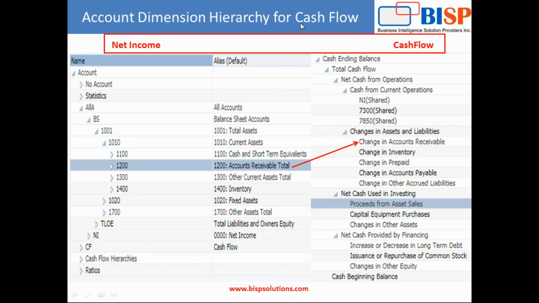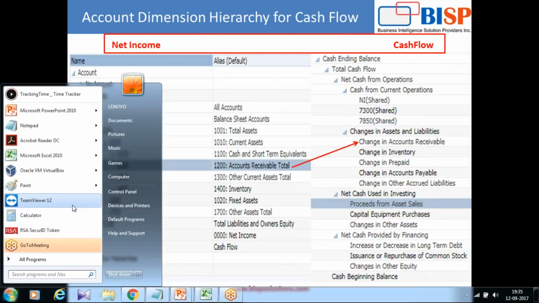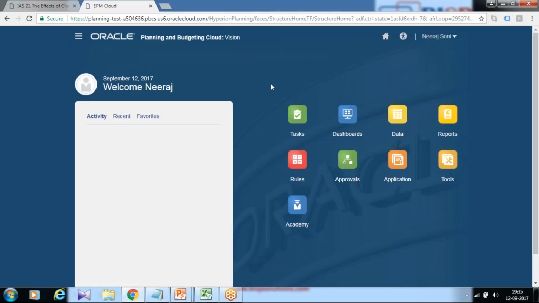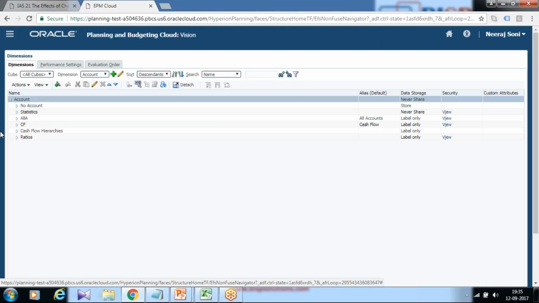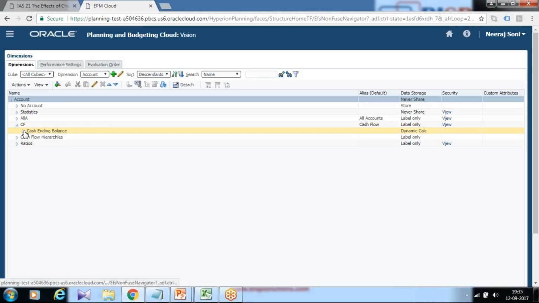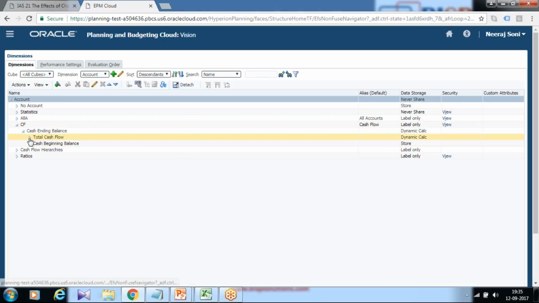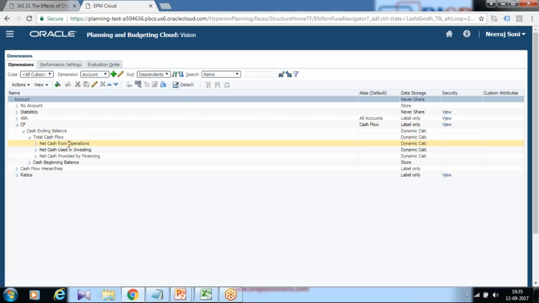So let's first see the outline structure. When you log into your Planning and Budgeting Cloud Service, you can open the dimension structure from the navigation pane. There you find a separate hierarchy created for cash flow, which consists of cash flow total and three nodes under it: operational, investing, and financing activities.